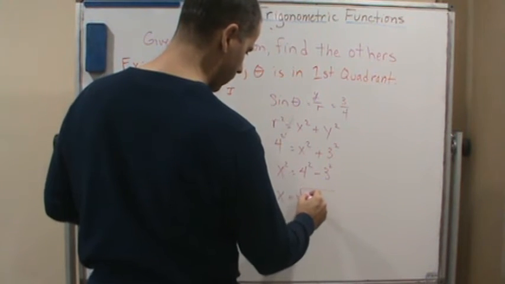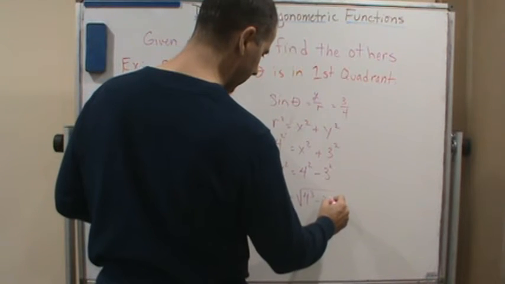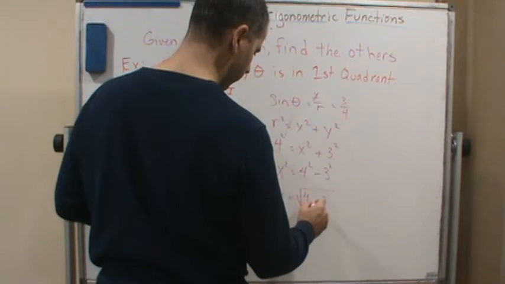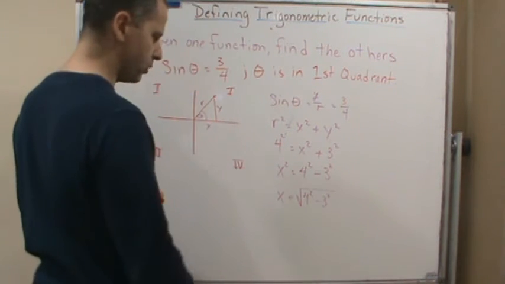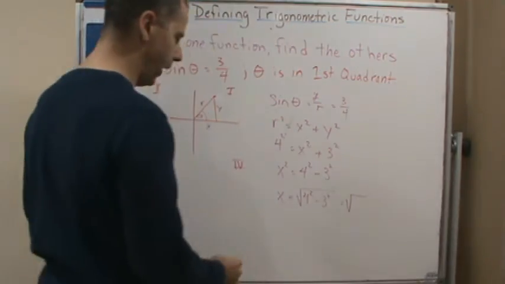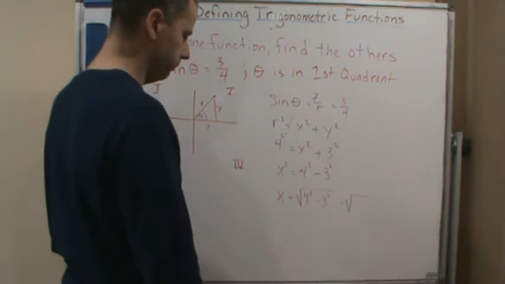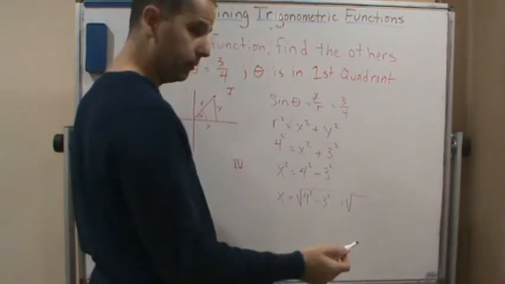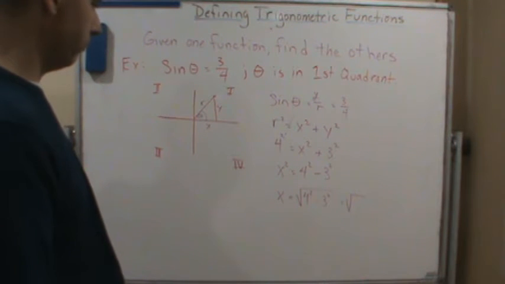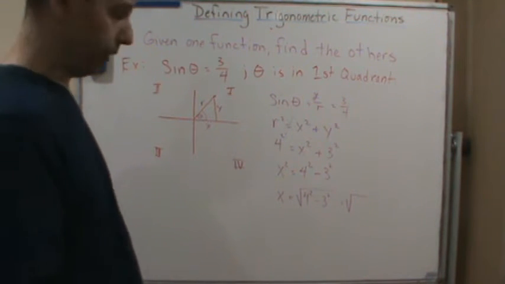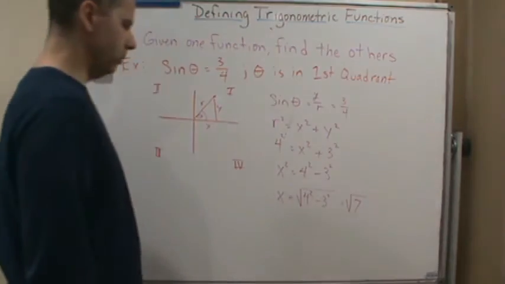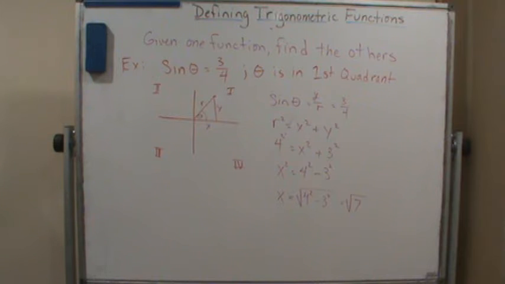That's the square root of 4 squared minus 3 squared, which is the square root of 16 minus 9. 16 minus 9 is 7, and so we get the square root of 7.